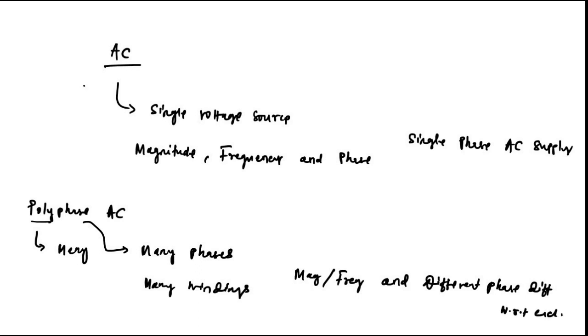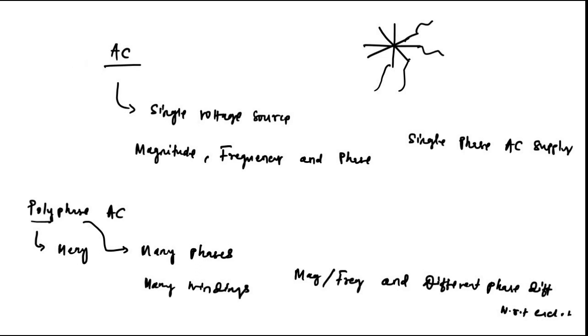That is what polyphase means. So it consists of multiple windings, each producing a voltage of the same magnitude and frequency, but the phase difference between each of these phases is different.